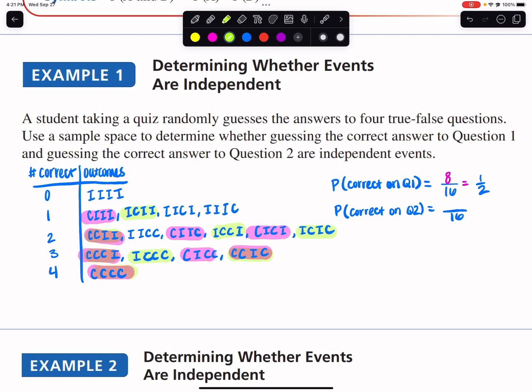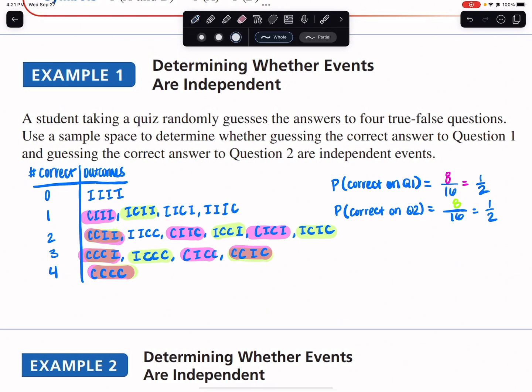I've highlighted all the ones where number 2 is correct. So that is 1, 2, 3, 4, 5, 6, 7, 8. So 8 over 16. That also simplifies to 1 over 2.